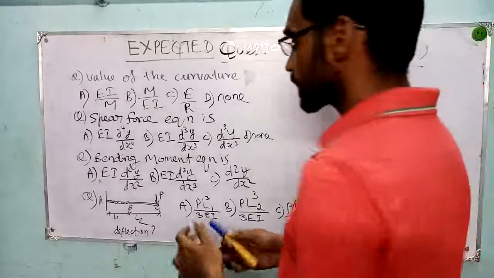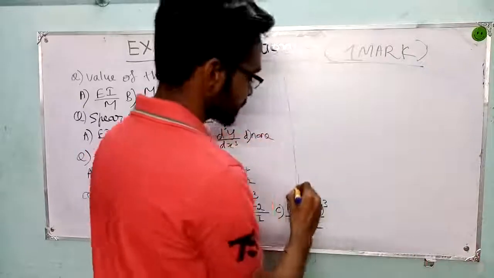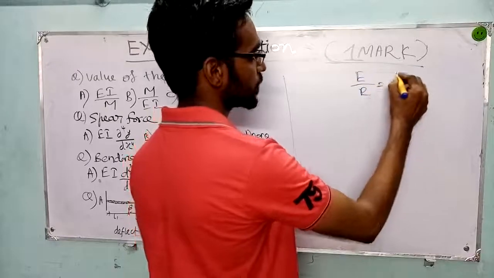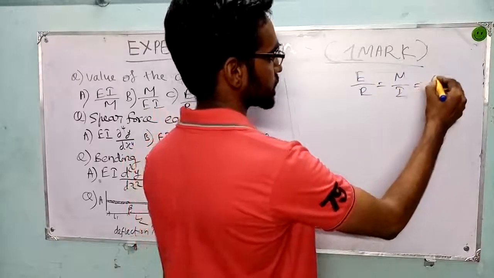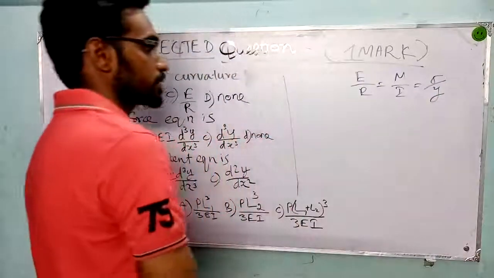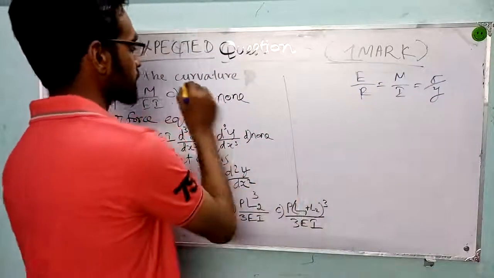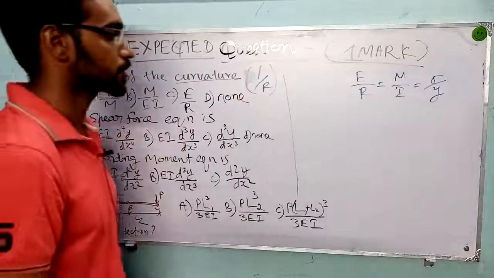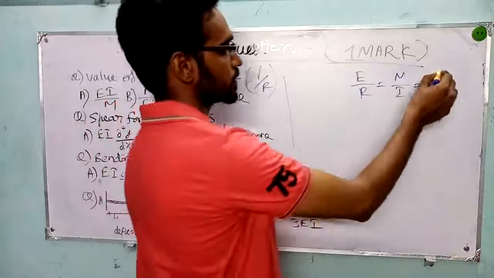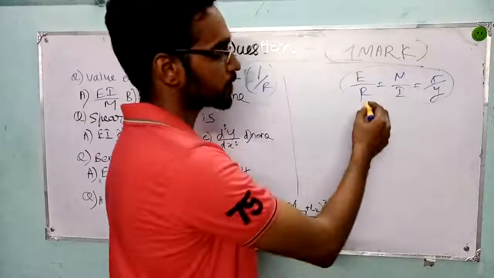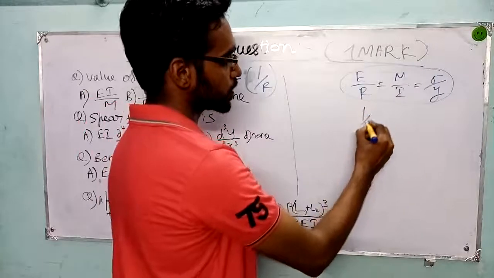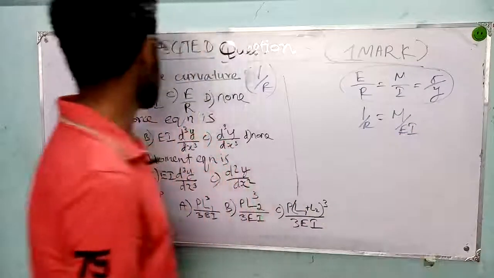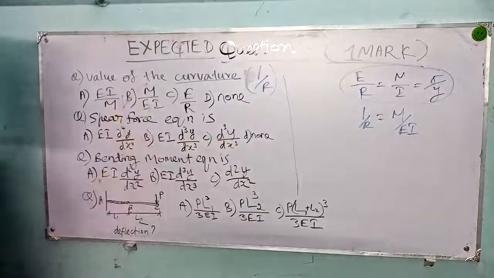You already know the theory of simple bending: M by I equals sigma by y equals E by R. Curvature means 1 by R. From the theory of simple bending, 1 by R is equal to M by EI. So B is the correct answer.